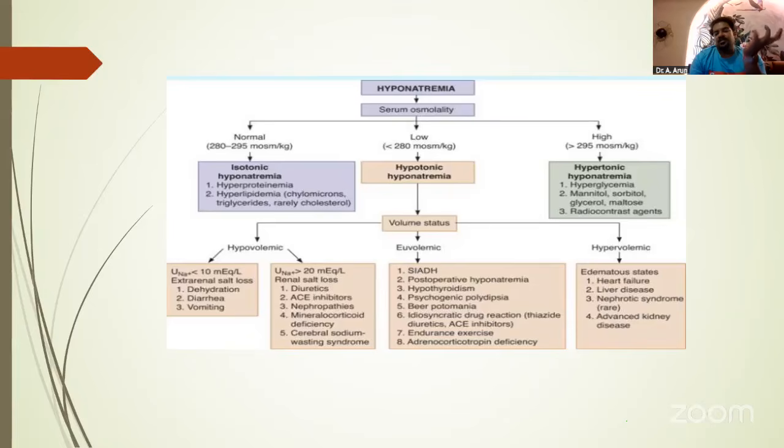With a low serum osmolality, those are the people in whom we have to assess volume properly. And with a higher serum osmolality, we have to rule out hyperglycemia. We have to rule out diabetes. Evaluation has to be done in such patients, along with any previous history of mannitol or sorbitol intake.